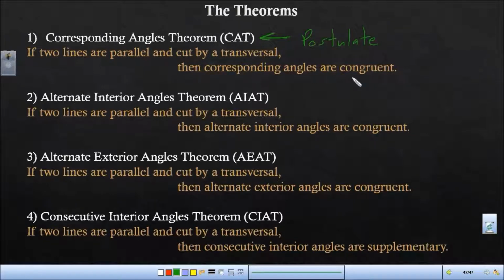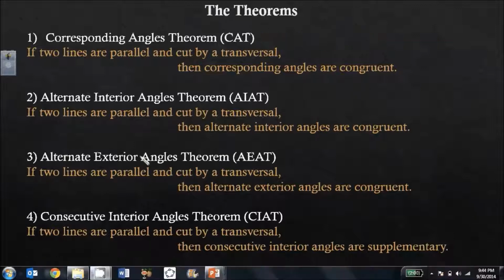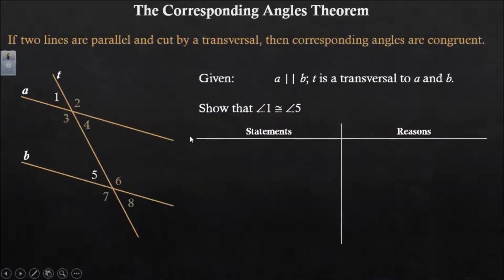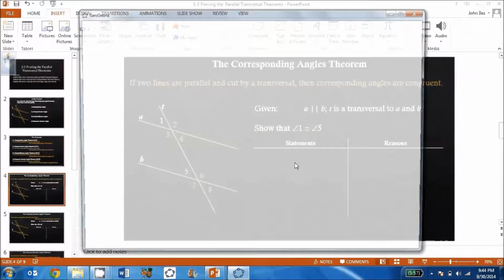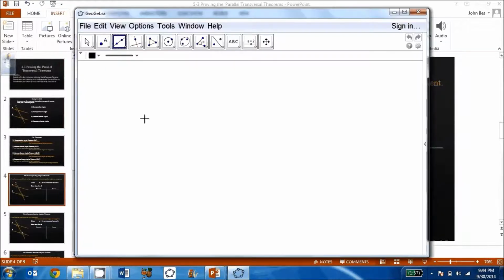Okay, so let's go ahead and begin with the corresponding angles theorem. Now, we're going to segue here for just a second. I got to step out, and we're going to look at GeoGebra, and the way that we want to talk about the corresponding angles theorem is to say that we have two lines and they have to be parallel.